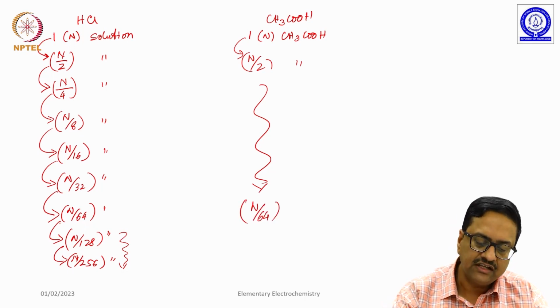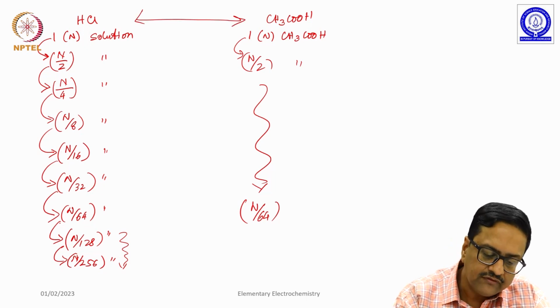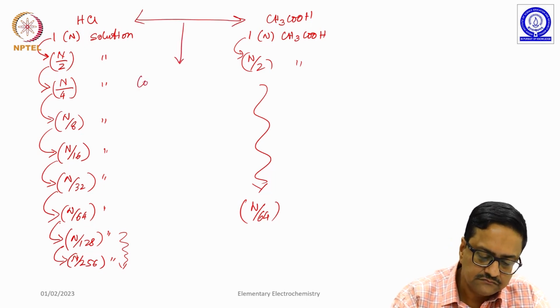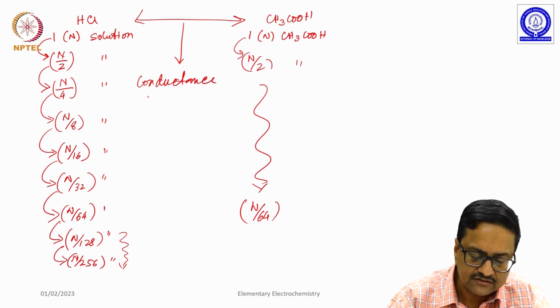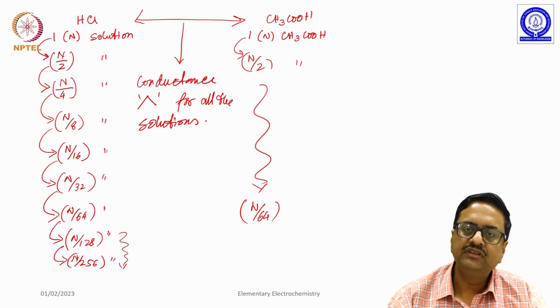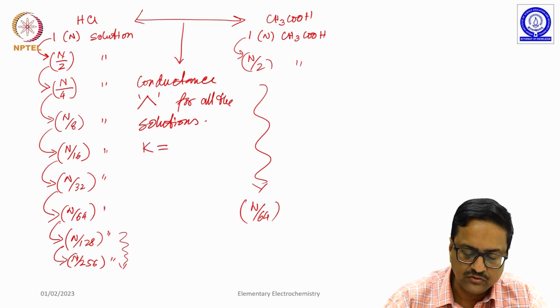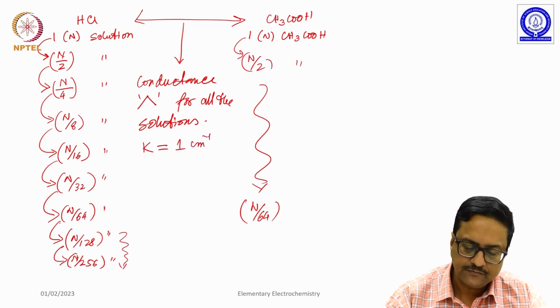So what we will measure in these two different sets of solutions is the conductance for all the solutions, and we will be using a conductivity cell of cell constant equal to 1 centimeter inverse, right?